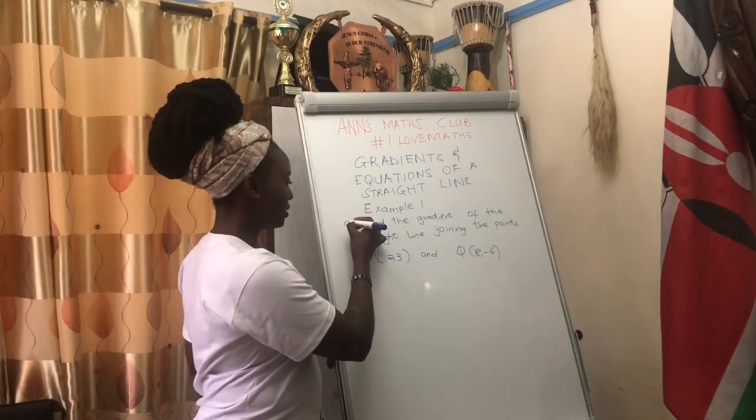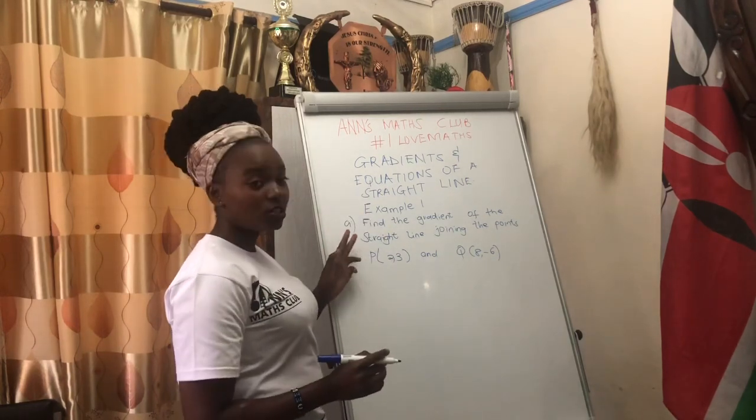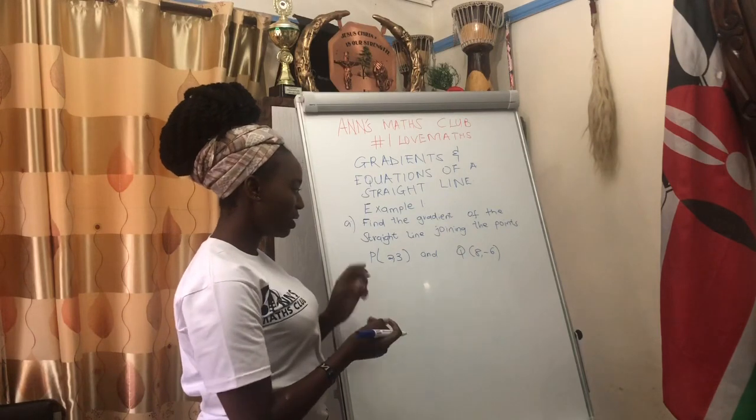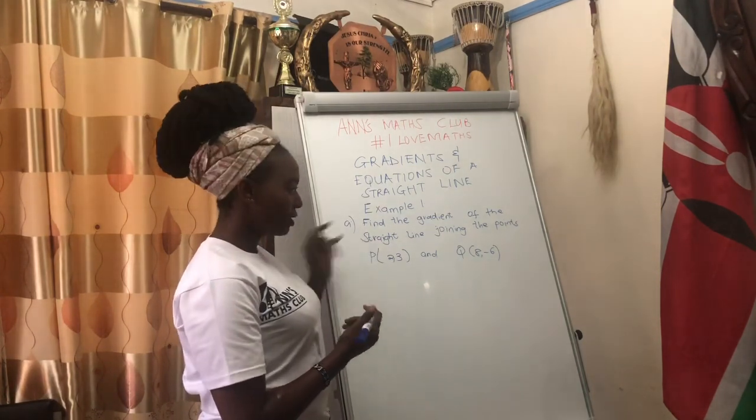So the question says, this is part A. Find the gradient of the straight line joining the points P (2, 3) and Q (8, -6).